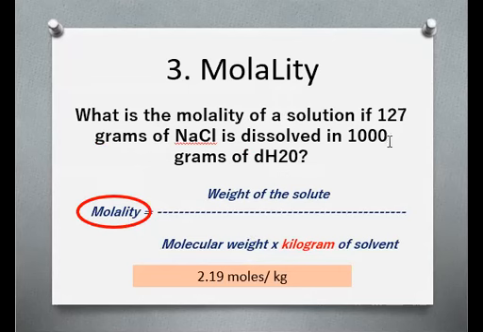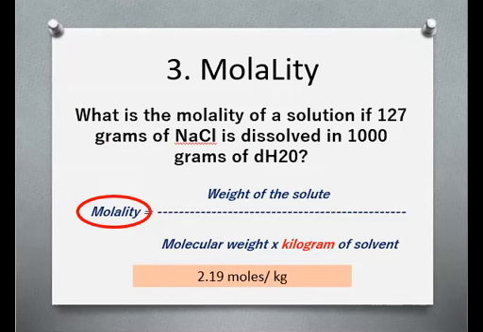The weight of the solute based on the given is 127 grams divided by the molecular weight of sodium chloride, which is 58 grams per mole. You should have memorized that by now. Times, since 1,000 grams is given, you need to convert that to kilograms, which is equivalent to 1 kilogram. So that's 127 divided by 58 times 1, and you'll get 2.19. The unit would be moles per kilogram or molal.